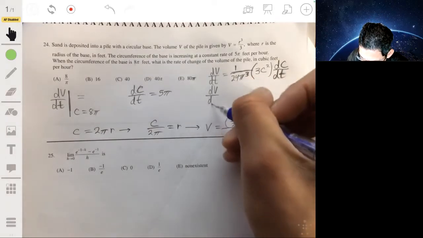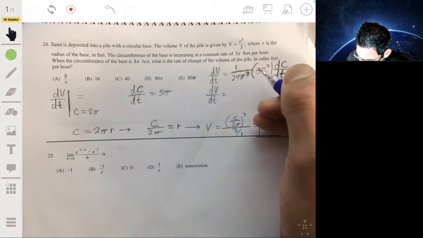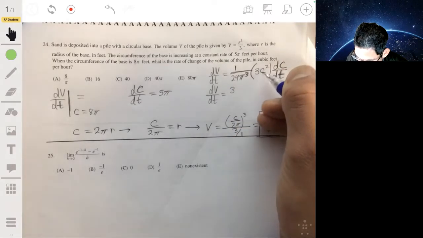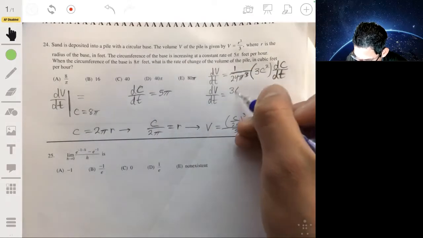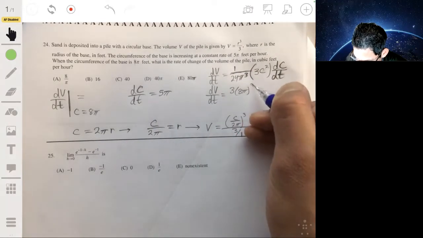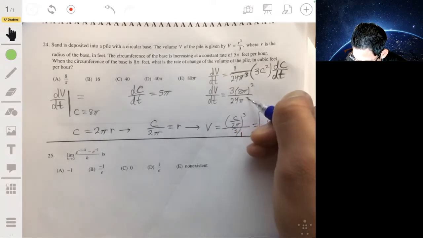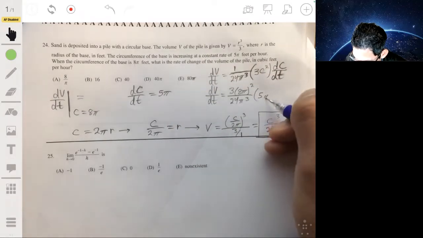We just got to plug in the values for C and dC/dt, and it's just algebra now. So dV/dt equals 3C squared over 24 pi cubed times dC/dt. Remember, we have C as 8 pi, so we have 3 times (8 pi) squared, all over 24 pi cubed, times 5 pi.